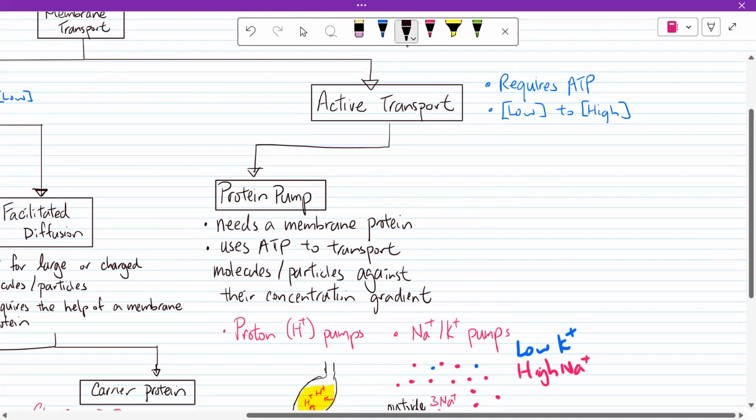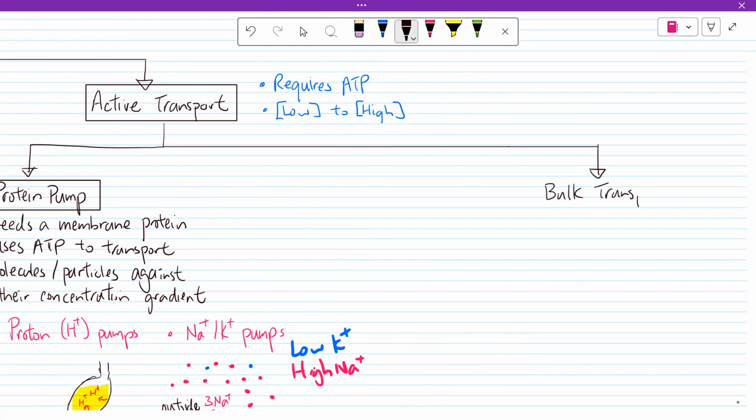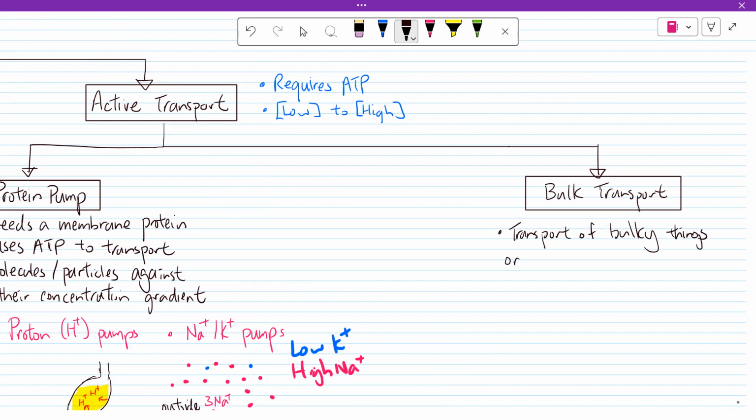And then we have bulk transport. This is like moving a large quantity of bulky things or a lot of things. The word bulk means really big, right?